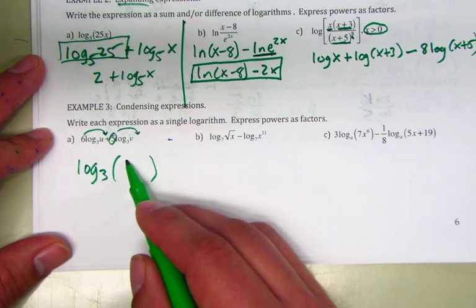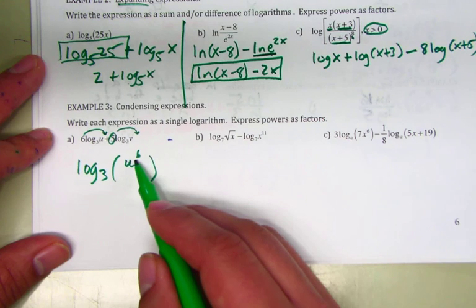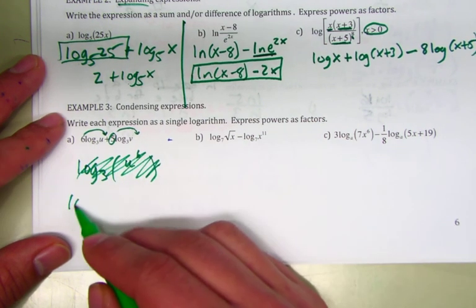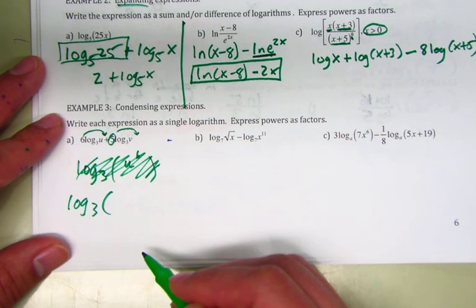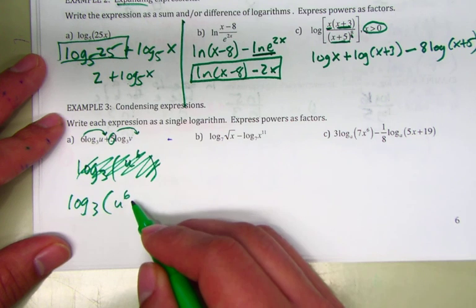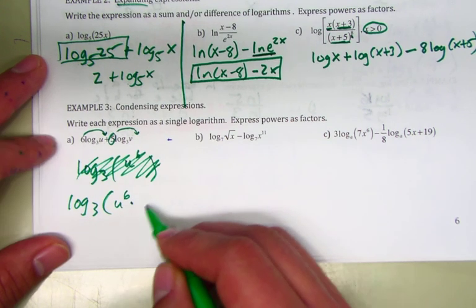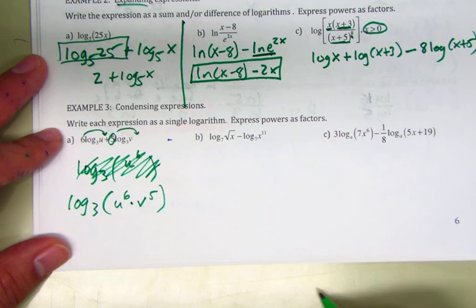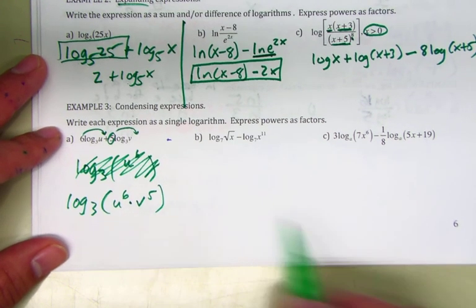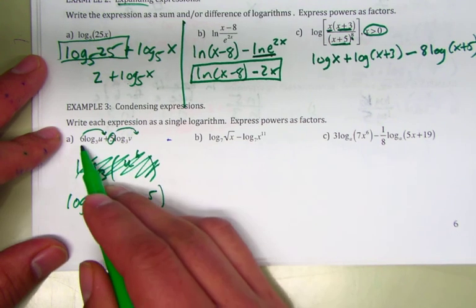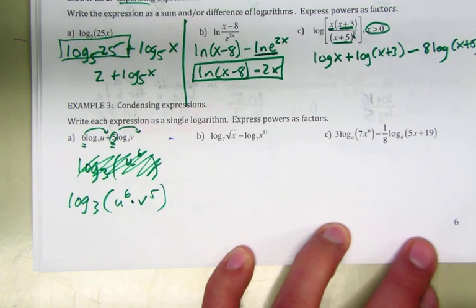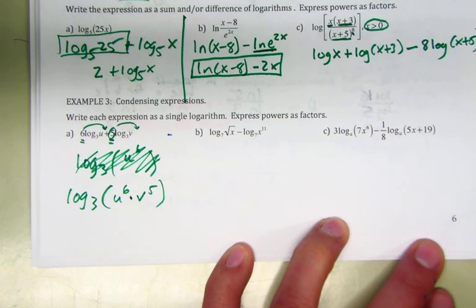U to the 6th times v to the 5th. Addition means multiplication. Coefficients are really exponents. You'll be fine, David. Trust me.